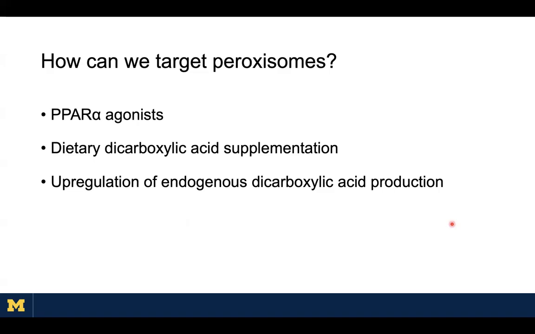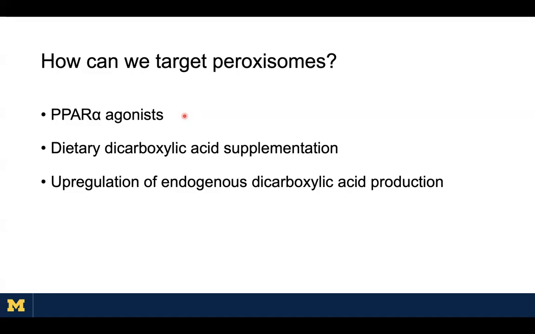And some of the ideas that we've had so far, and this list will certainly get longer in the future, include PPAR alpha agonists. However, others in the country have thought of this definitely to treat other retinopathies like diabetic retinopathy. So this is very interesting, but not necessarily the top of our list.